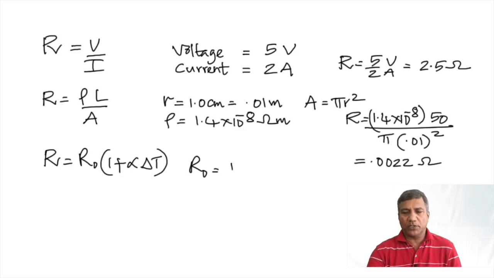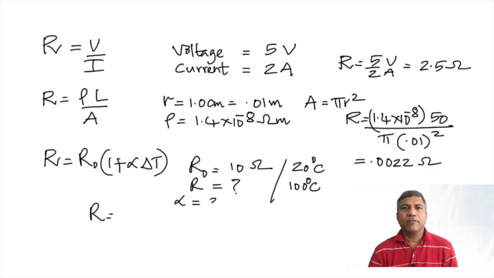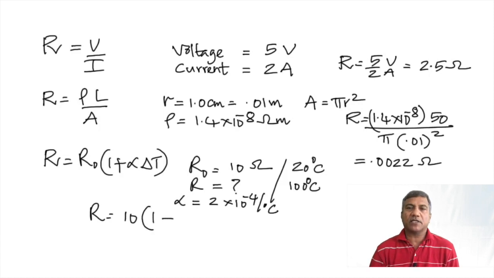Now for the third one, let's assume that the resistance is 10 ohms at 20 degrees Celsius, and we have to find the resistance at 100 degrees Celsius. Alpha is the temperature coefficient of resistance that will be given, and then you plug it into this formula. So 10 times 1 plus the value of alpha multiplied by the change in temperature.